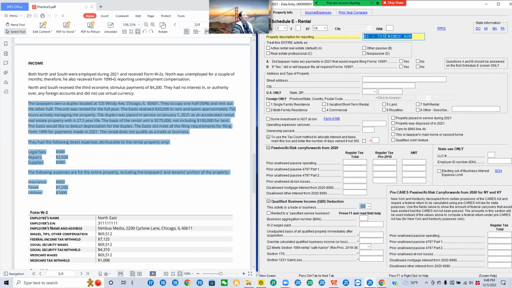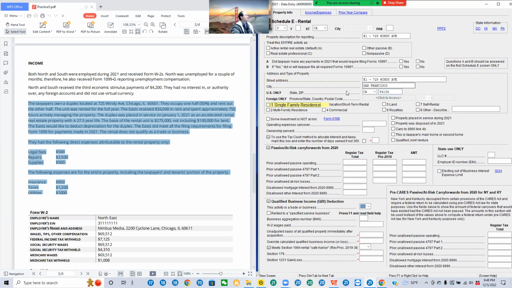I copy this and put it in as the first part of the street. Normally the street doesn't have the E1, but when I do it this way and the client has more than one rental, it's easy to identify. Now, I make it also for the state of California as well.